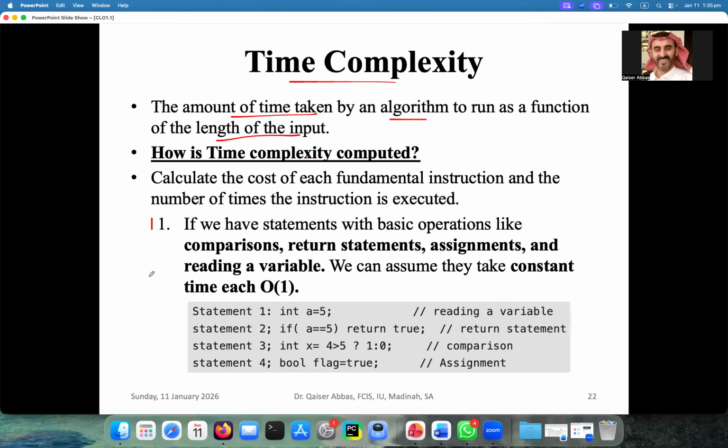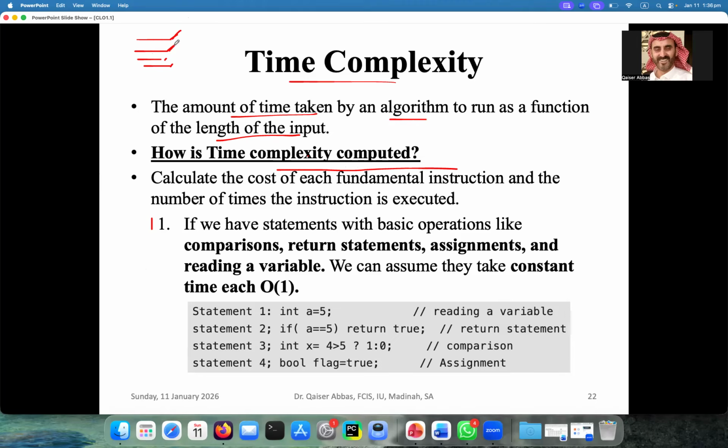In your algorithm, you will have lines of statements. I can call them instructions. So then you have to calculate the cost of each fundamental instruction. Each instruction will have some cost.